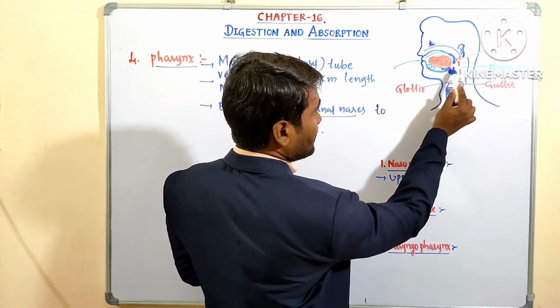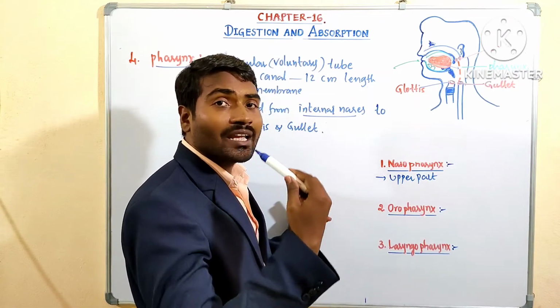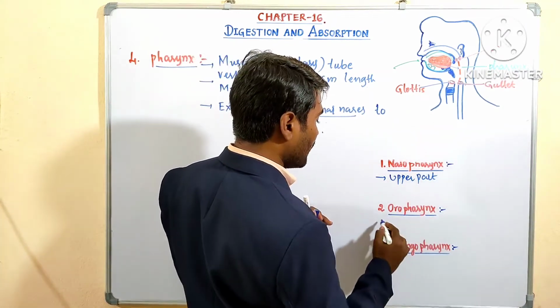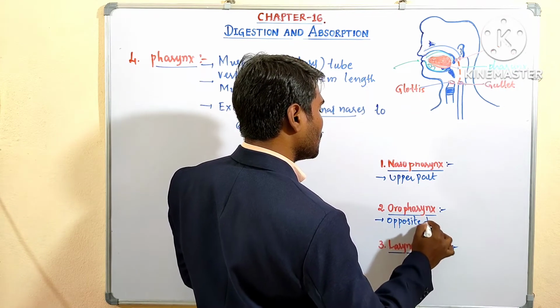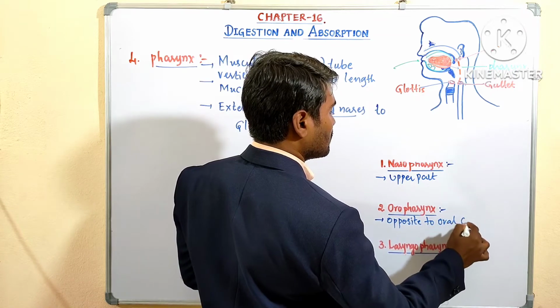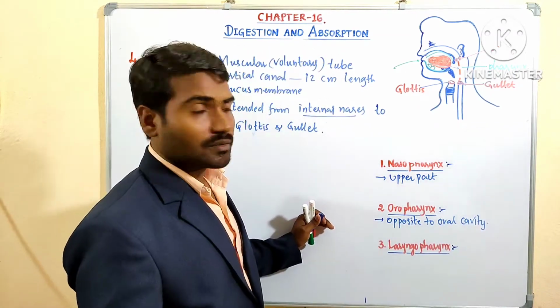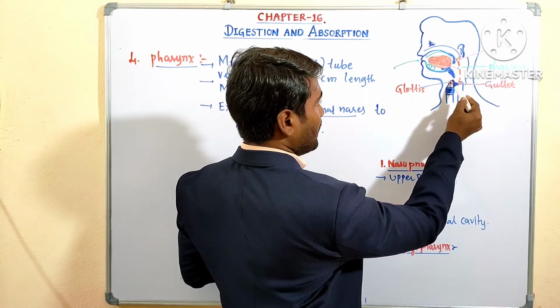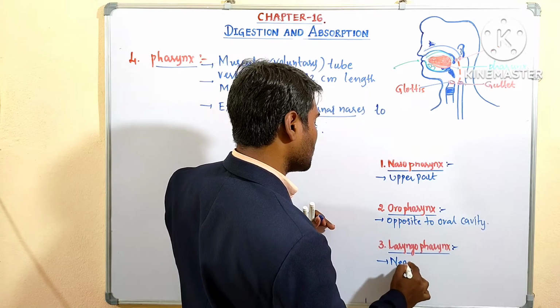Then the area directly opposite to the oral cavity is called the oropharynx. Then the laryngopharynx is the area very near to the larynx.